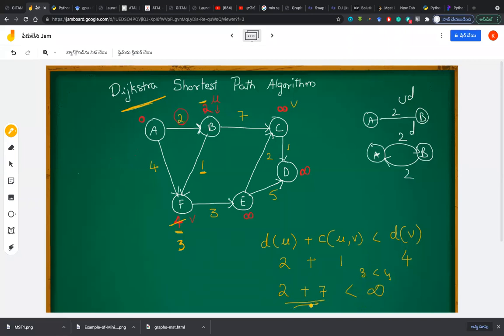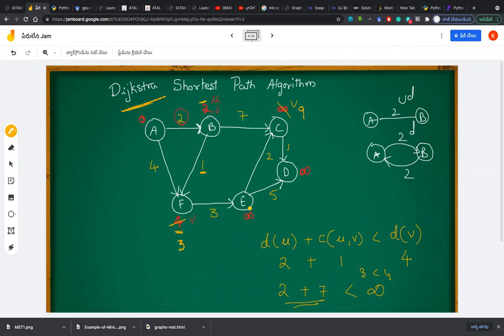Yes, it is less than infinity, right? So now my task is to strike off and put 9 here. So that means from A to reach C, you have 9 as the path until now. Until now, we find the minimum path is 9.